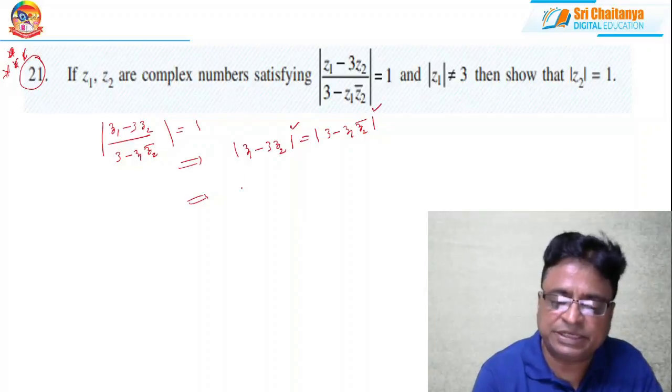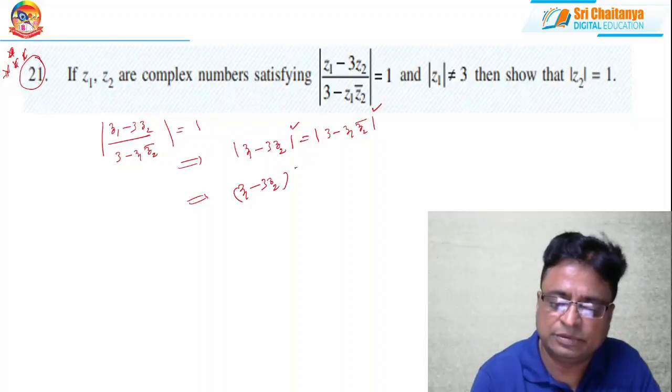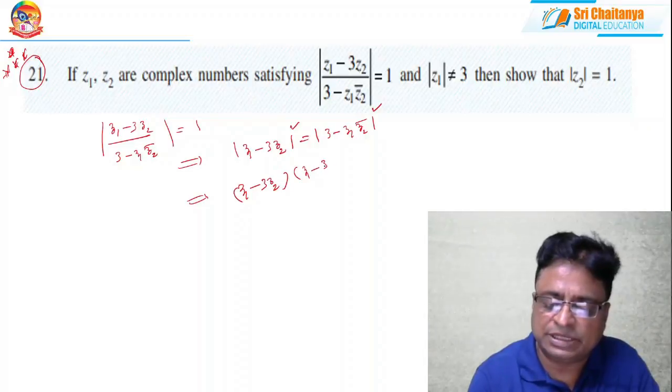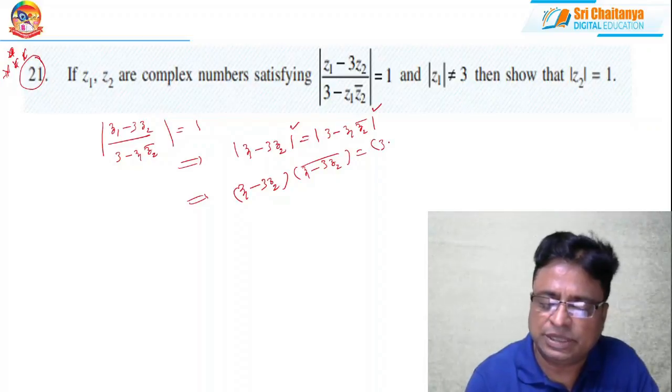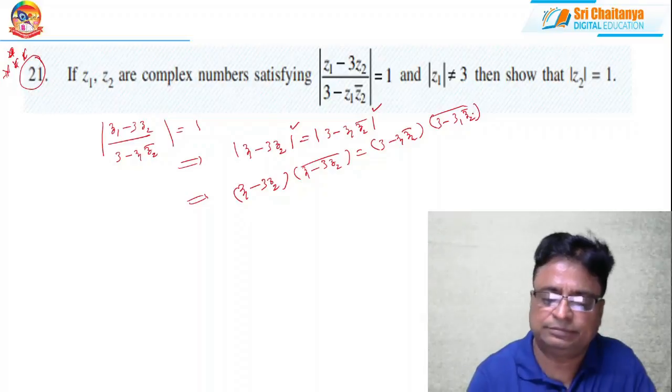But mod Z square is Z Z bar, so (Z1 minus 3Z2) into (Z1 minus 3Z2) bar equal to (3 minus Z1 Z2 bar) into (3 minus Z1 Z2 bar) whole bar.